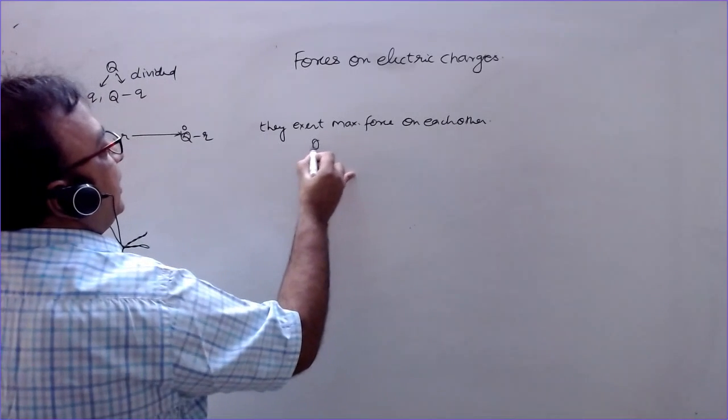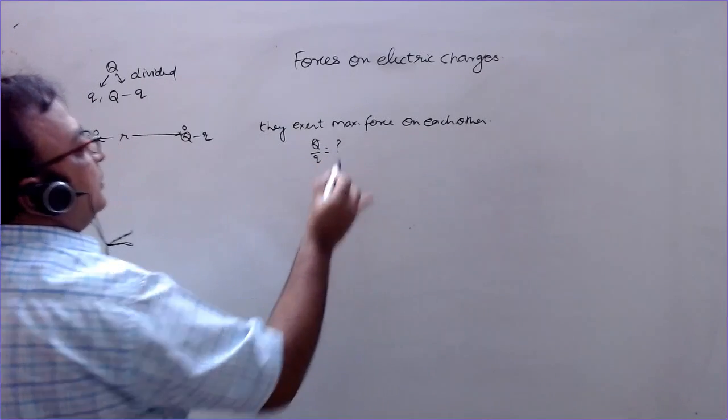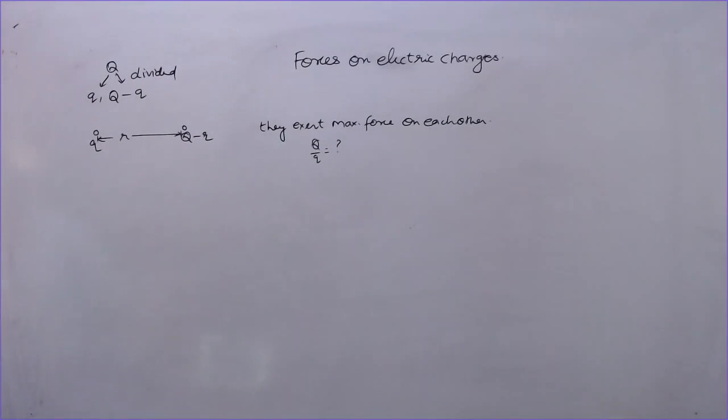So we have to find the ratio of the two parts, Q divided by small q.